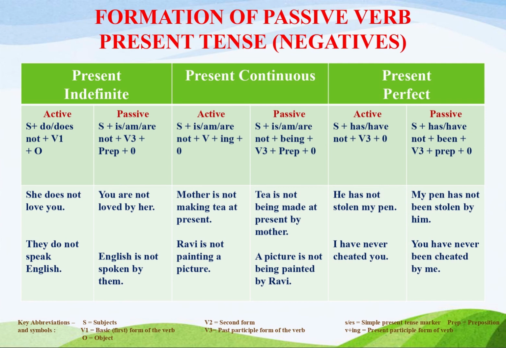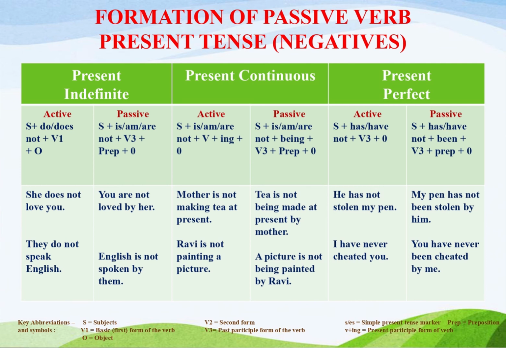Now we move on to the present continuous negative sentences, which is subject plus is or am or are, not plus first verb plus ing form plus object. For example, mother is not making tea at present.